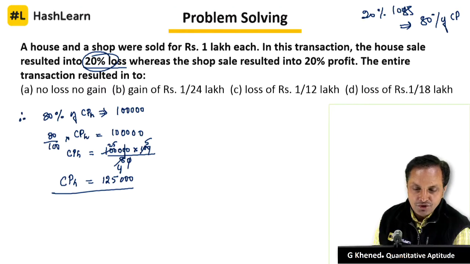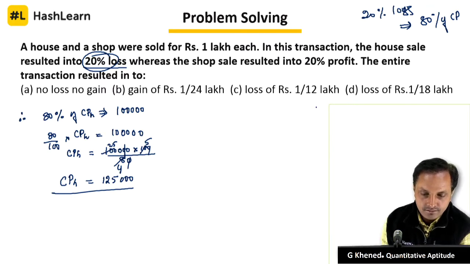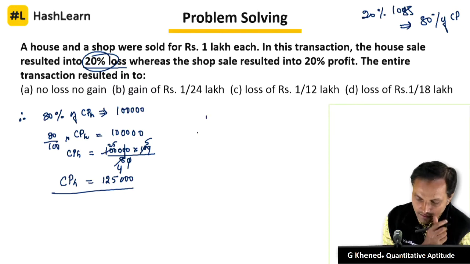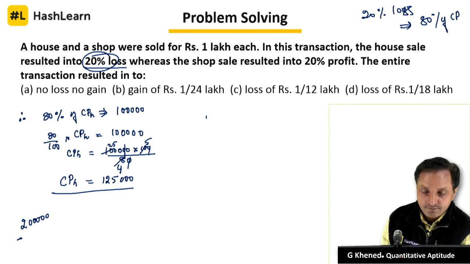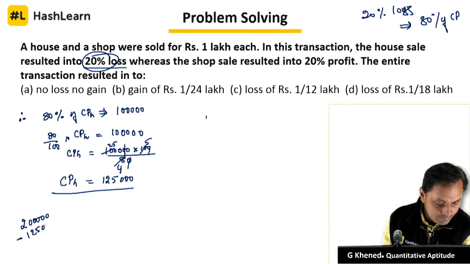Whereas the sale of the shop resulted in 20% profit. What was the transaction? 2 lakhs minus 1,25,000.